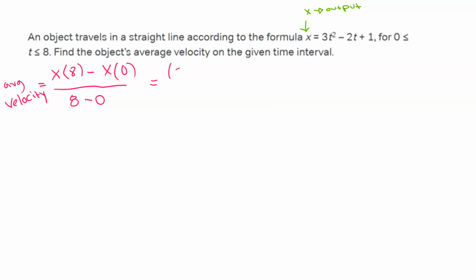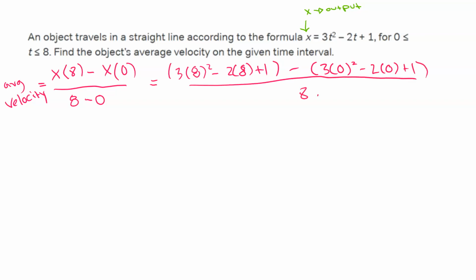So I've got 3 times 8 squared minus 2 times 8 plus 1 minus 3 times 0 squared minus 2 times 0 plus 1, all divided by 8 minus 0.